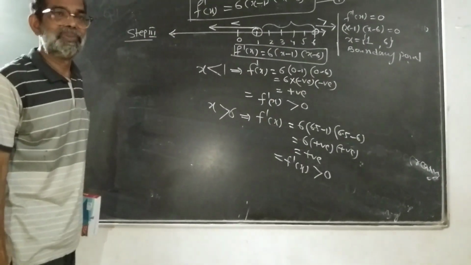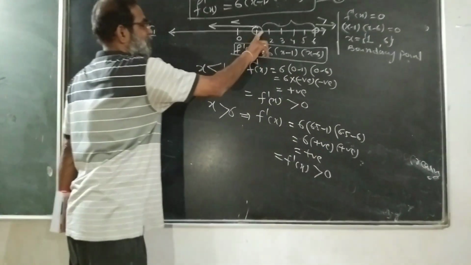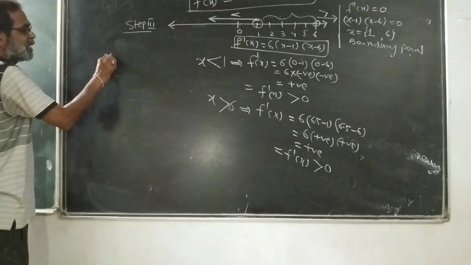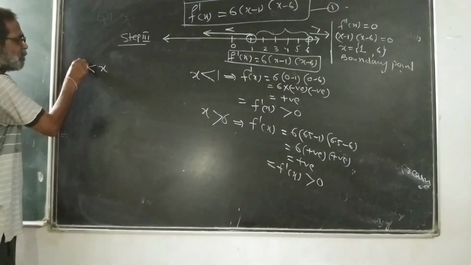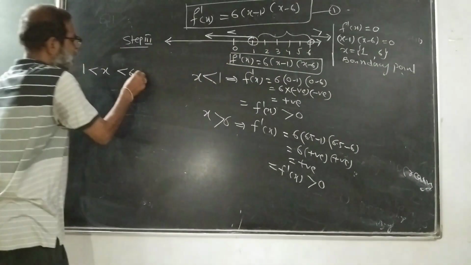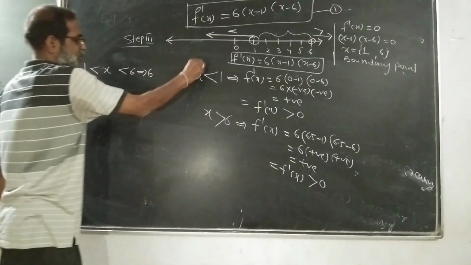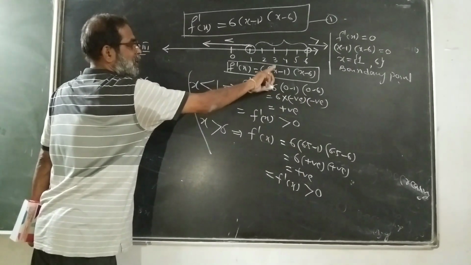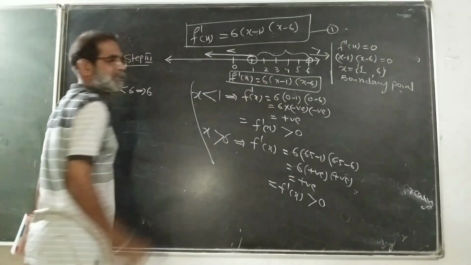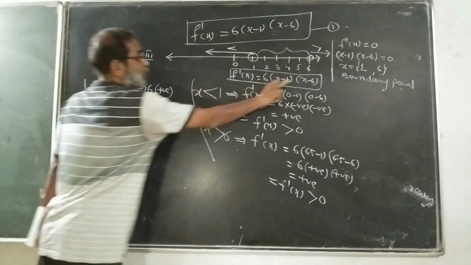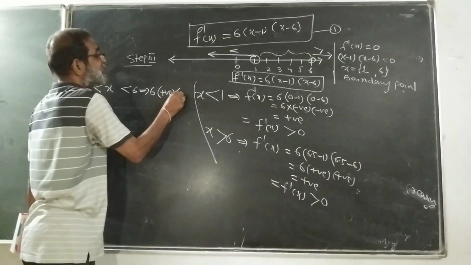Now, what is the case between these two numbers? x greater than 1 and less than 6. Between these, any number you put, 6 into any number, say 4 minus 1, positive. 4 minus 6, negative.